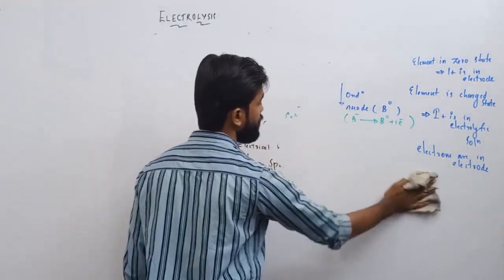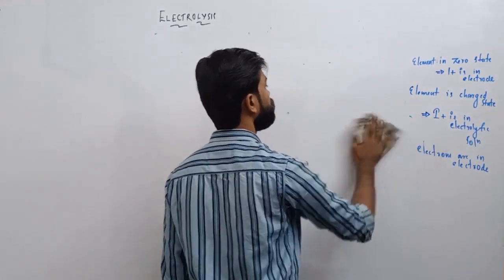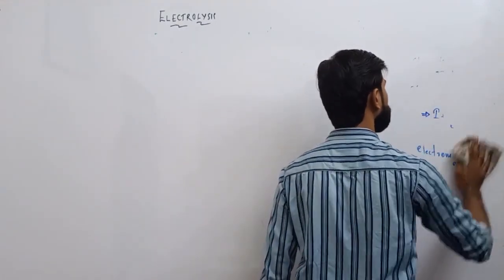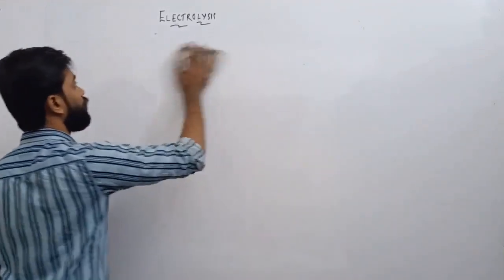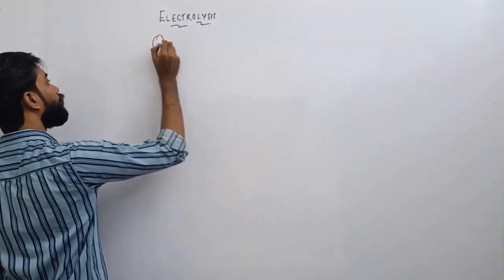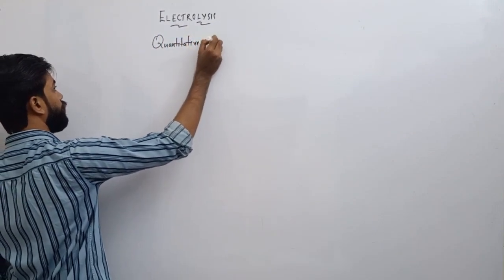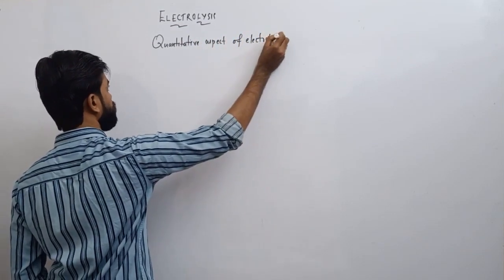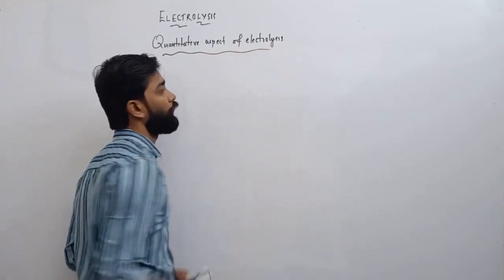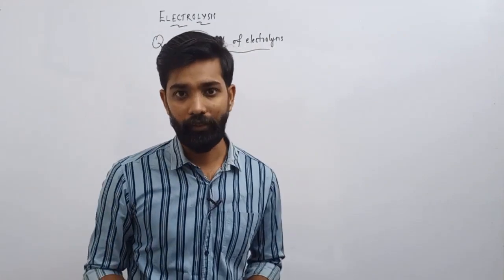What is it? Faraday's laws. The first section in your electrolysis is the quantitative aspect of electrolysis, so something about the quantity.